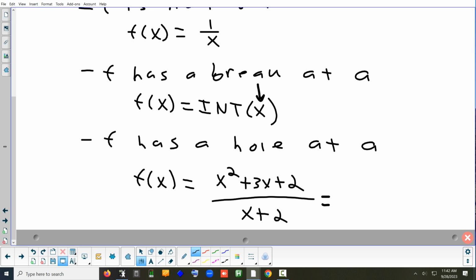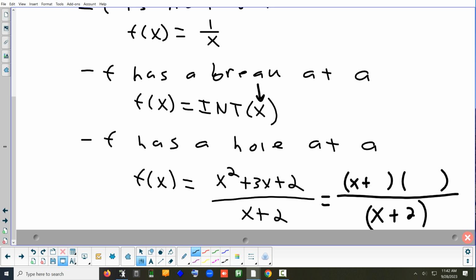The only way to see it is to factor the top. What do you get if you factor what's in the top? You get x plus 2 and x plus 1. Now, what do you notice about what just happened when you factored? The x plus 2 in the numerator and the denominator cancel.